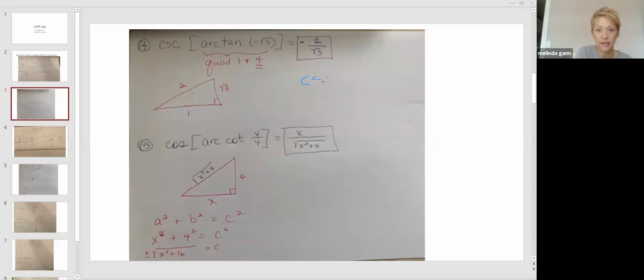It says cosecant, and then in parentheses, a bracket, I've got this arctan. It's hard to write with this cursor. That's just kind of sad, isn't it? Let's clear it. Okay, so right here, it says arctan.